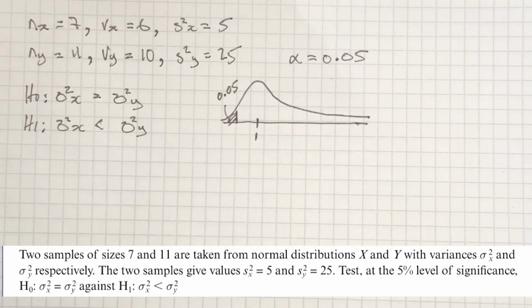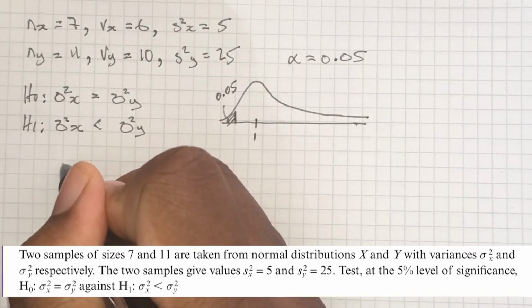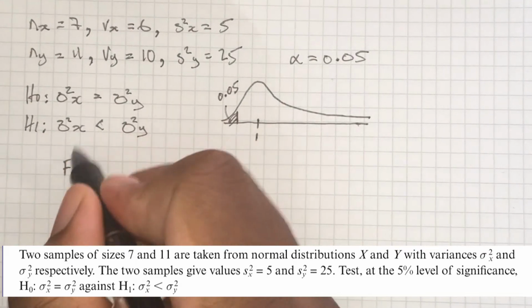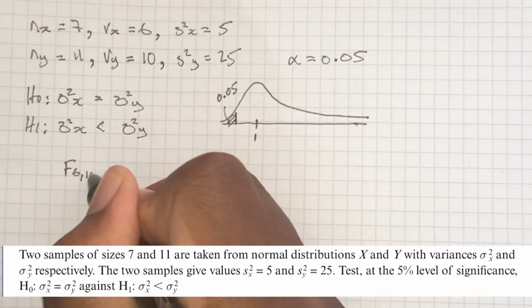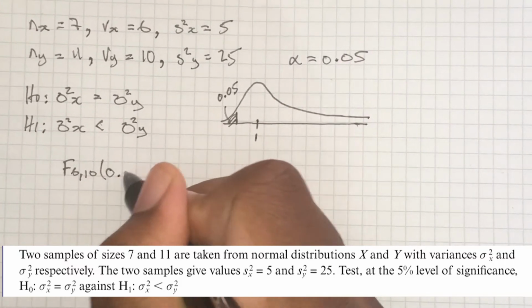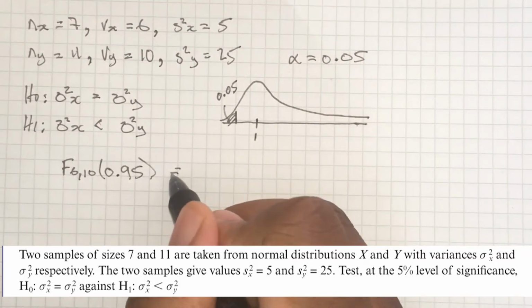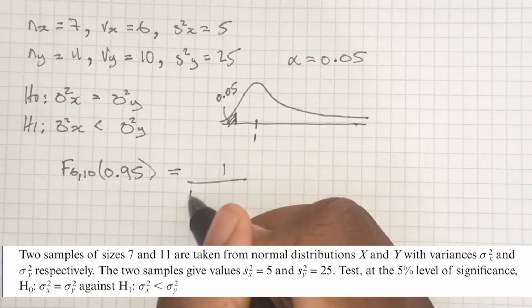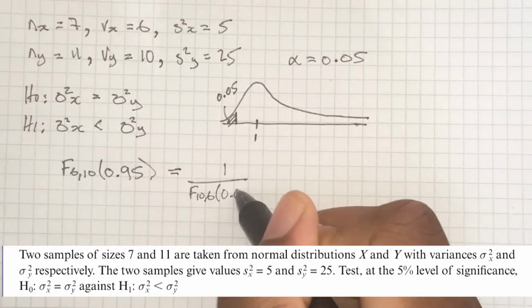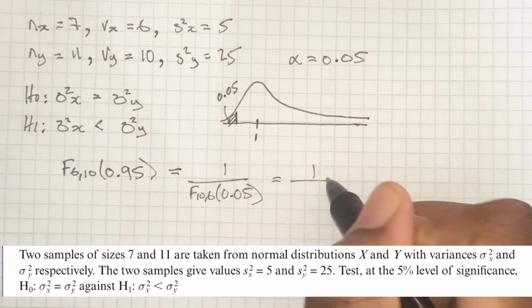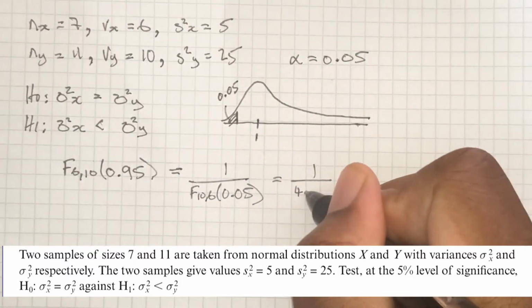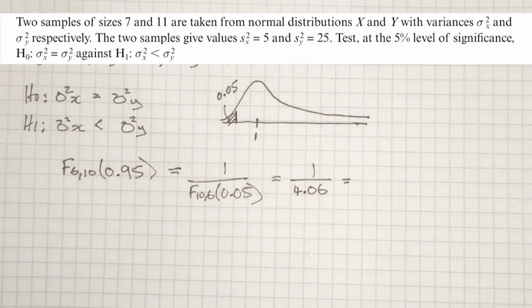So I need to find a value for the F distribution with degrees of freedom 6 and 10 that is exceeded by 95%. We know that when we do our reversals, we take the reciprocal of an F distribution with 10, 6 and 5%. That's 1 over 4.06, which gives us a critical value of 0.246.